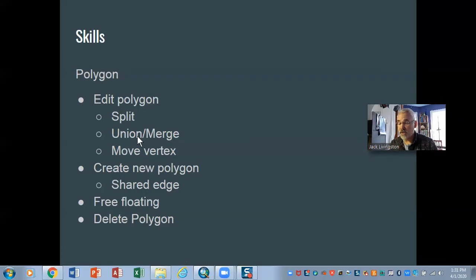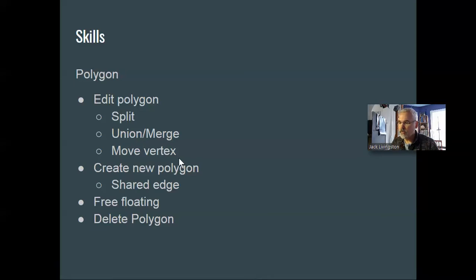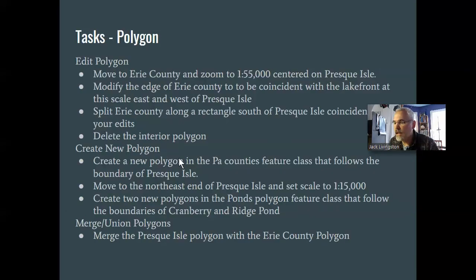So what are our specific tasks in the first video? We are going to move to Erie County, and we're going to stay at a 55,000 scale centered on Presque Isle, and I'll show you where that is. You're going to see very quickly that Erie County's boundary is not coincident with our base layer.